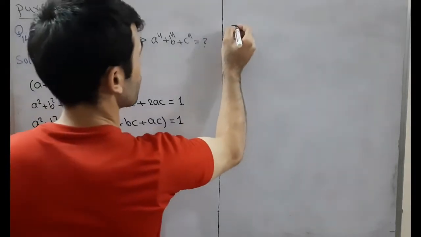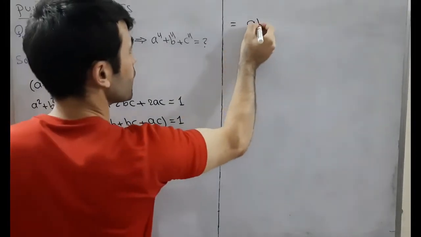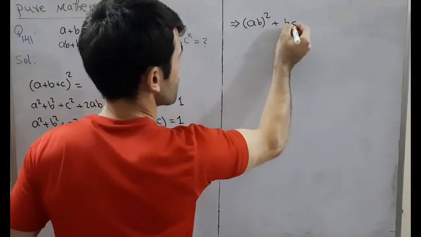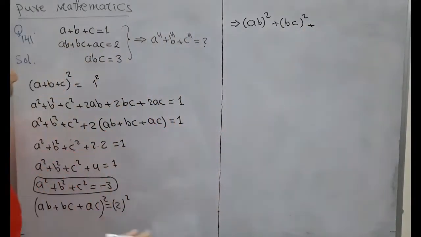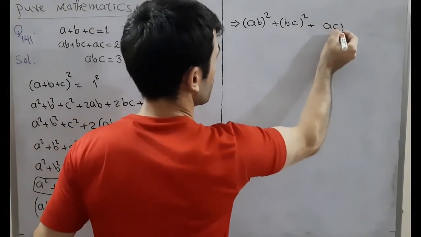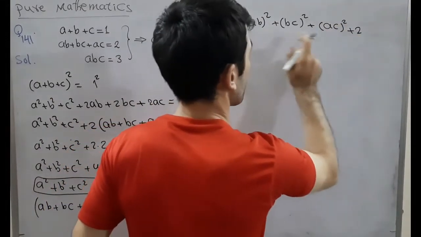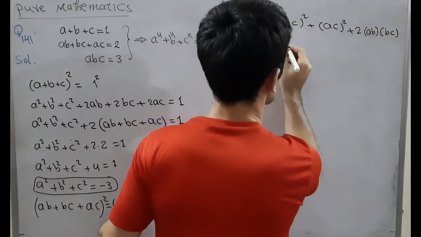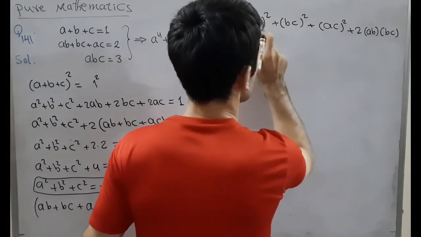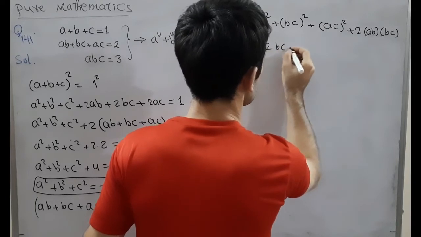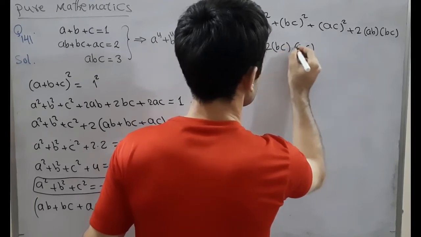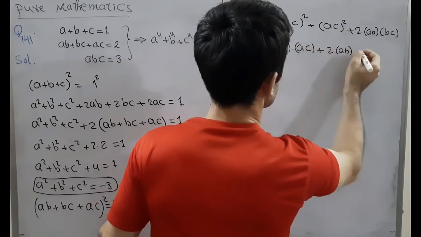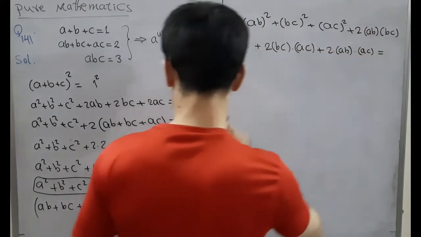Then it is equal to (ab) whole square plus (bc) whole square plus (ac) whole square plus 2 into ab into bc plus 2 into bc into ac plus 2 into ab into ac is equal to 2 square, which is 4.